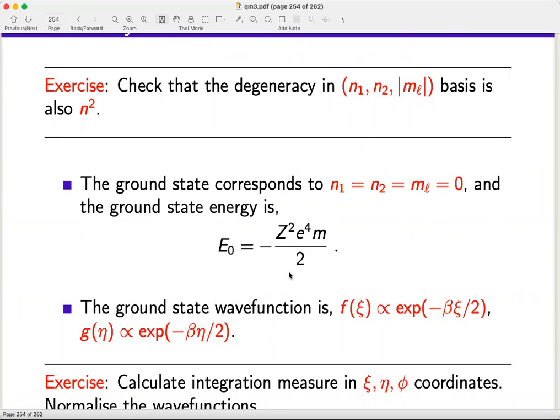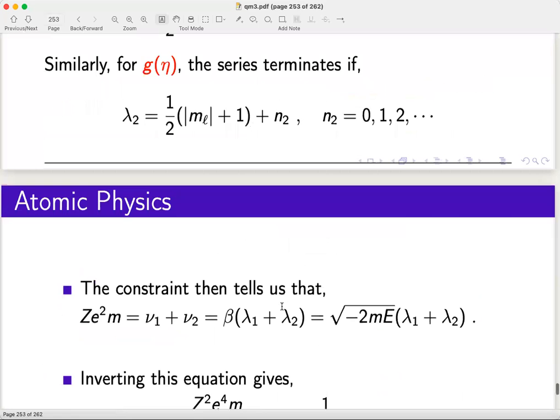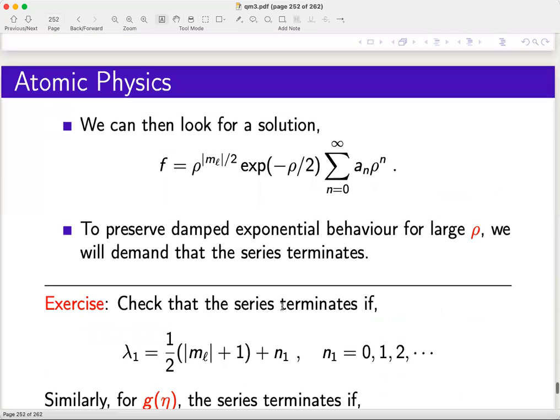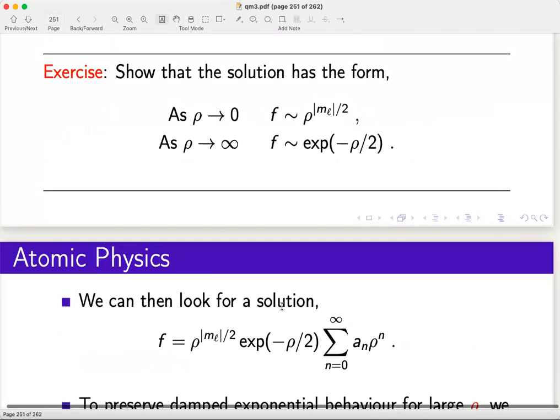Now, the ground state wave function is trivial to get, because the behavior of the wave function tells us that. Let me go back and show it instead of saying this. Since we are taking ml to be equal to 0, there is no rho dependence of this type.